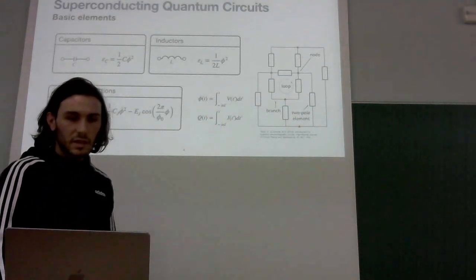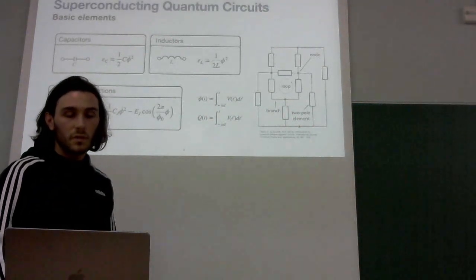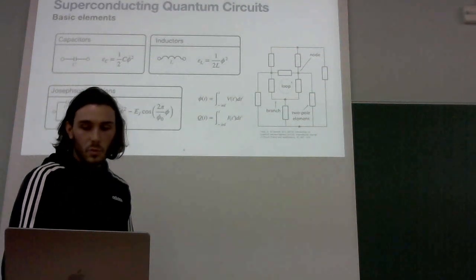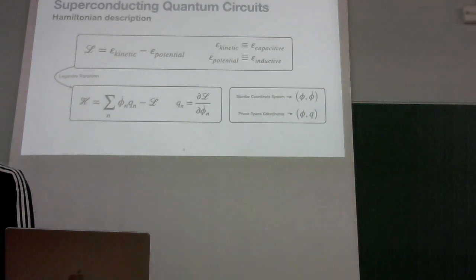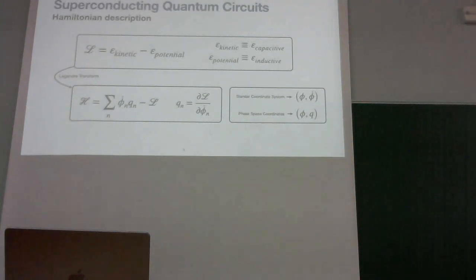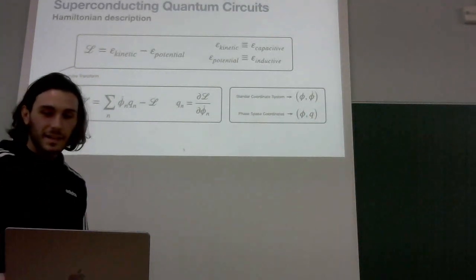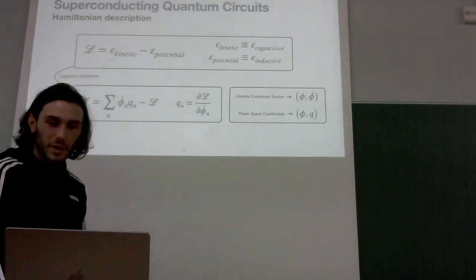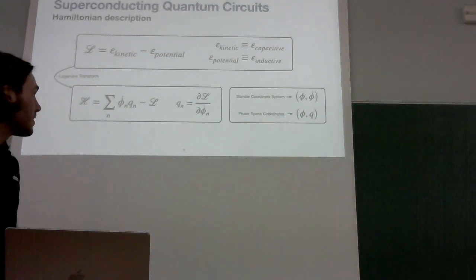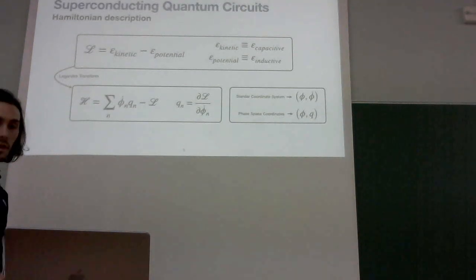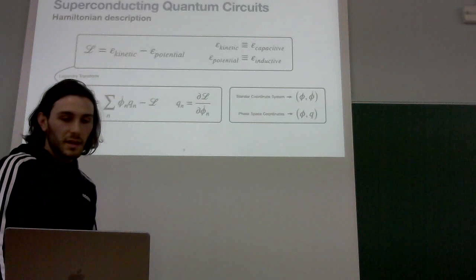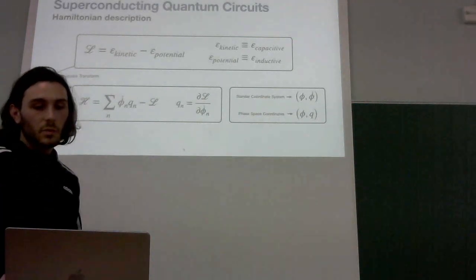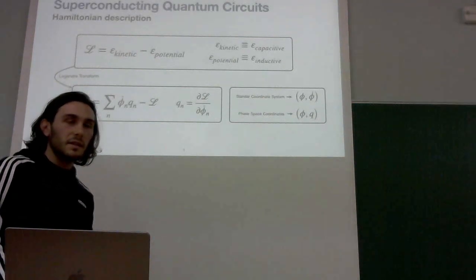Out of these expressions of the energy, we can build a Lagrangian description of our systems. In a slightly arbitrary way, we can assign the kinetic energy of the system to the capacitive energy, the energy stored in the capacitors, and the potential energy to the energy stored in the inductors.